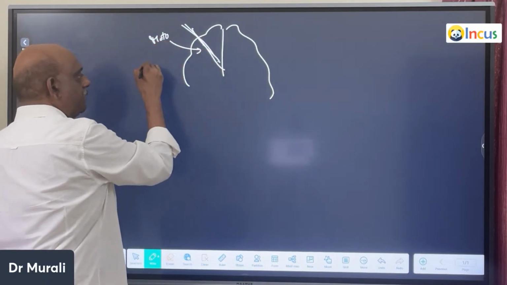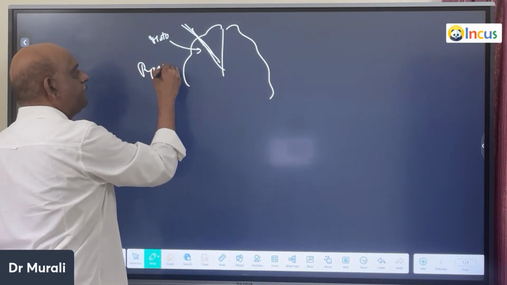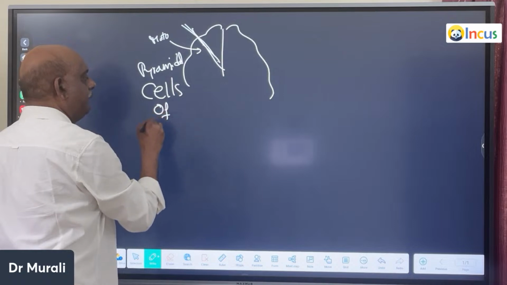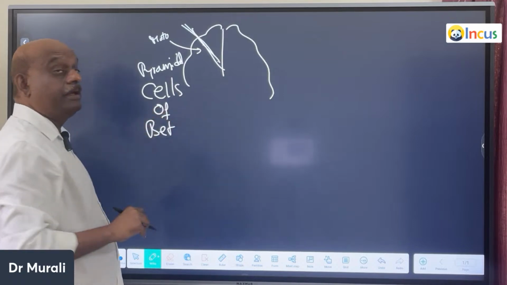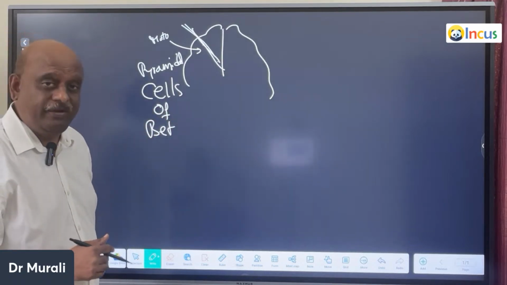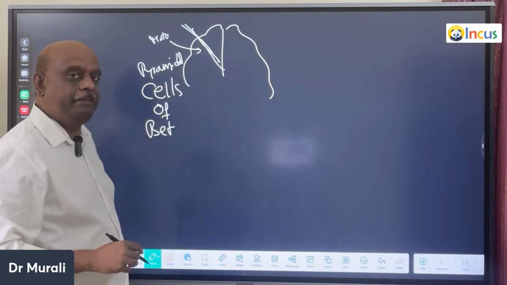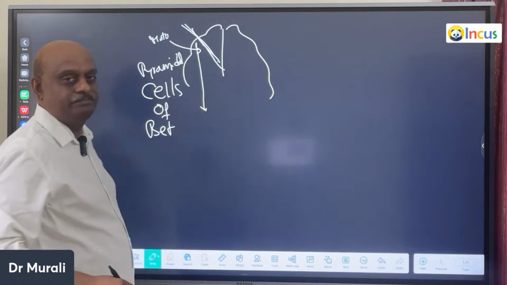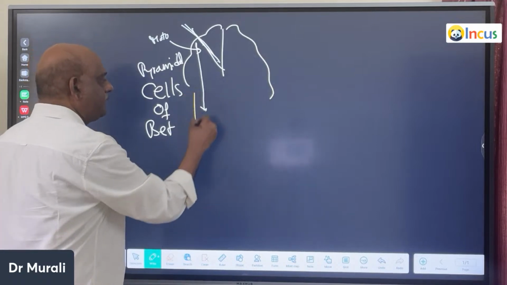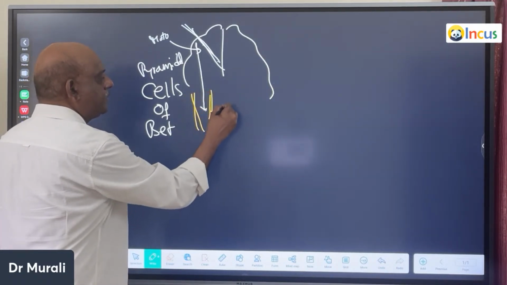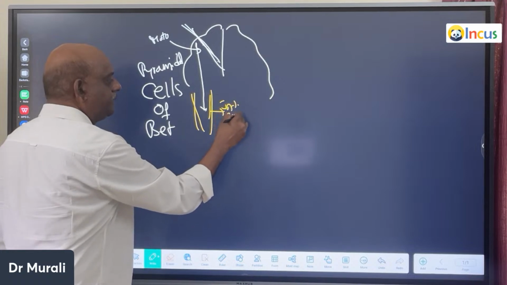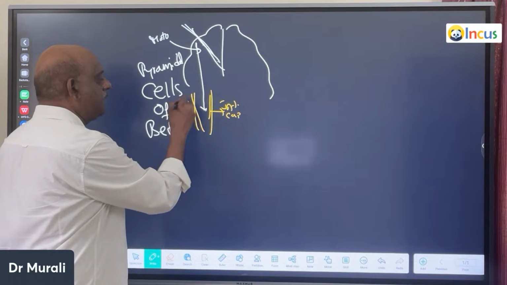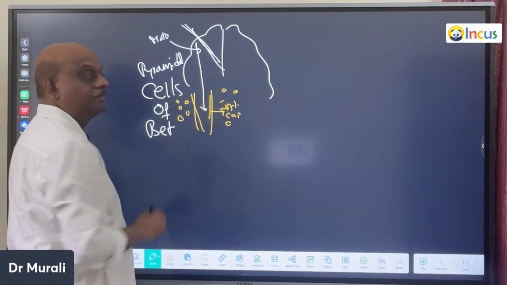Here you have the pyramidal cells of Betz. From here arises our motor pathway, which is hence called the pyramidal tract. So it descends down and consolidates in an area which is called the internal capsule. Surrounding that you have islands of grey matter which are called basal ganglia.